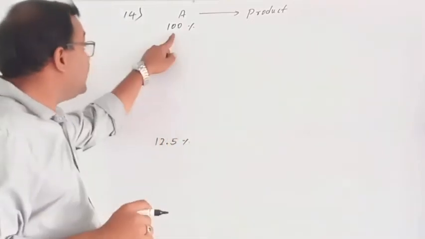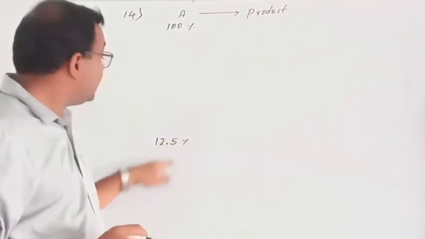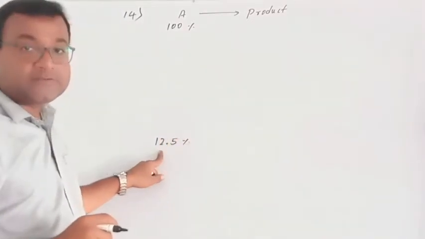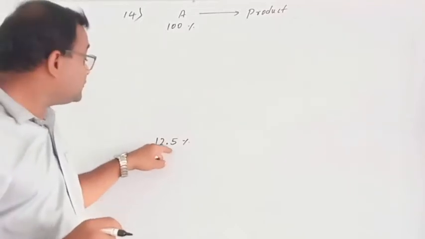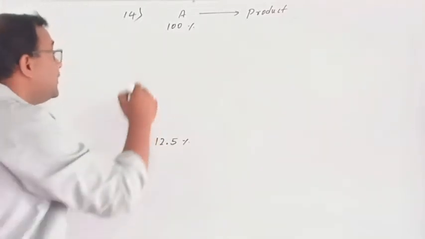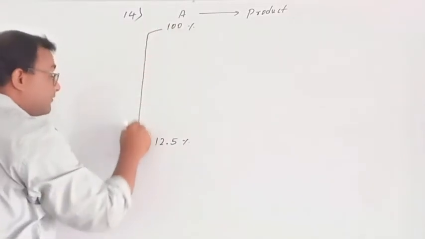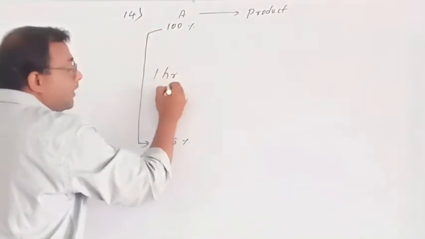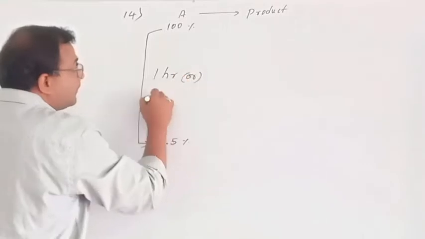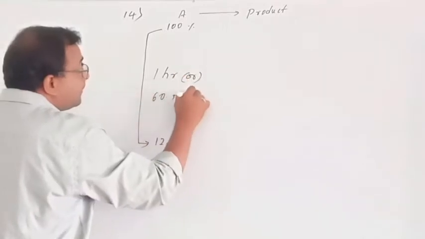Now it is reduced to 12.5%. So in order to change from 100% to 12.5%, it takes 1 hour, or 60 minutes.